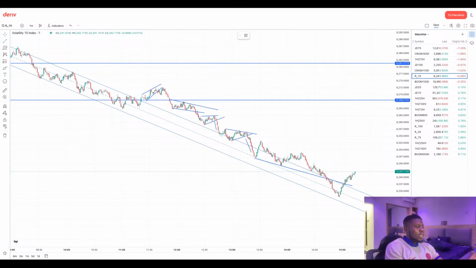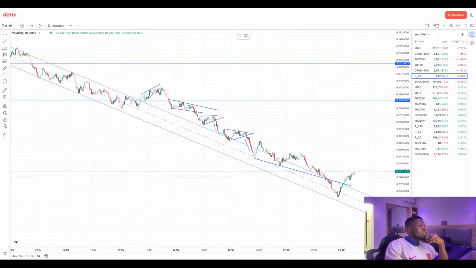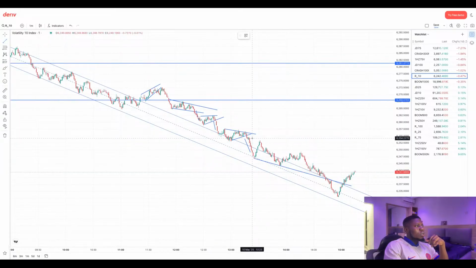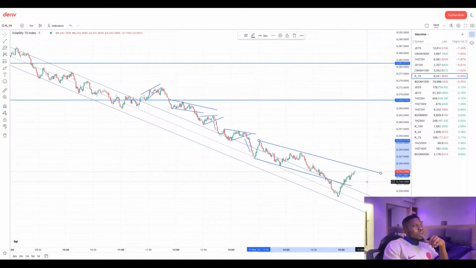So I'm having a pattern like this at the moment. Okay, so I'm having something like this forming at this moment.